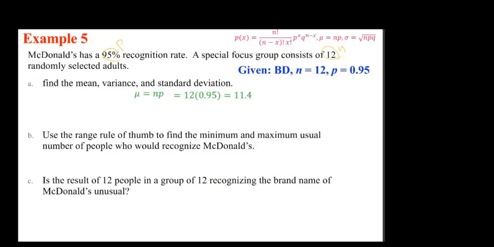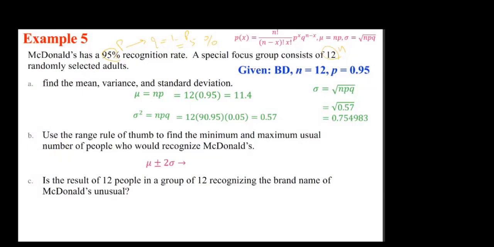And to get the variance, sigma squared is N times P times Q. Q is 1 minus P, or 1 minus 0.95, or 5%, or 0.05. And so we have mu, we have sigma squared. To get to sigma, we take a root, and we end up with 0.75498.